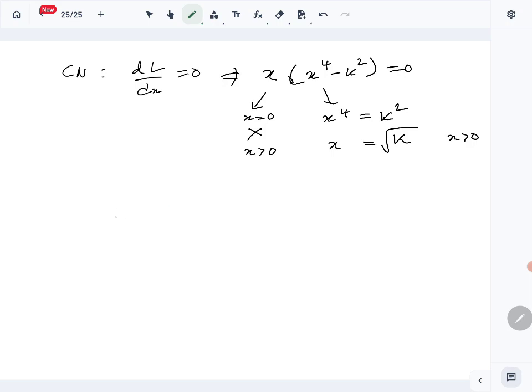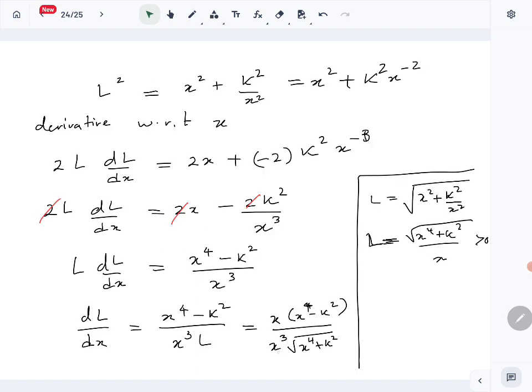Let's see if L is a minimum at this point. So we will draw the number line, 0 to square root k, and let's find out the derivative sign when x values are between 0 and square root k.